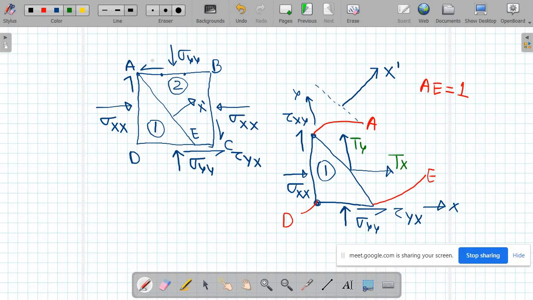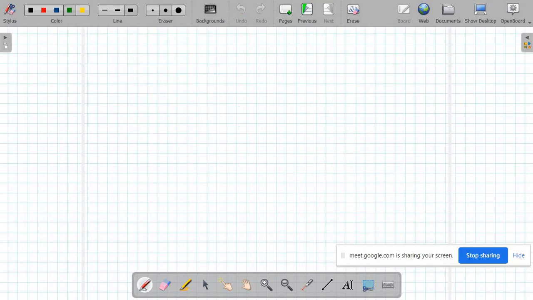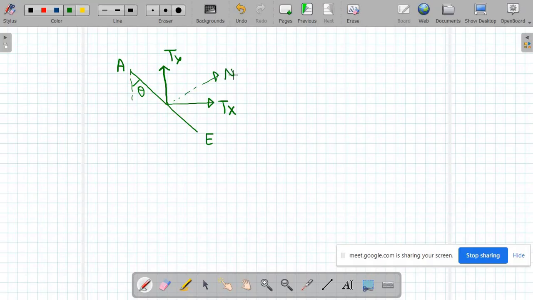So ultimately our goal is to find Tx and Ty on the line segment of A which has unit length. Now if you look at this block, it has a theta degree, and this normal direction also has a theta degree.